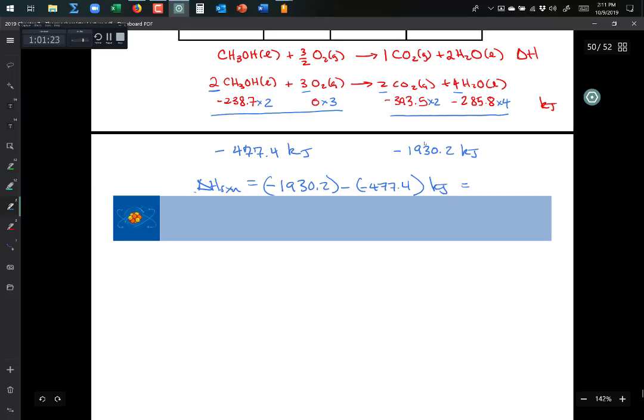This is products. This is reactants. And I end up with negative 1,452.8.